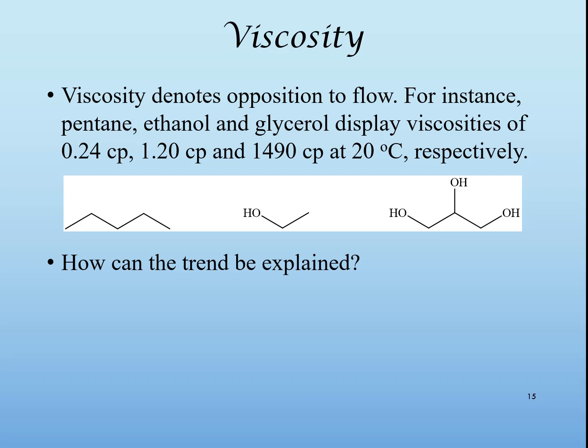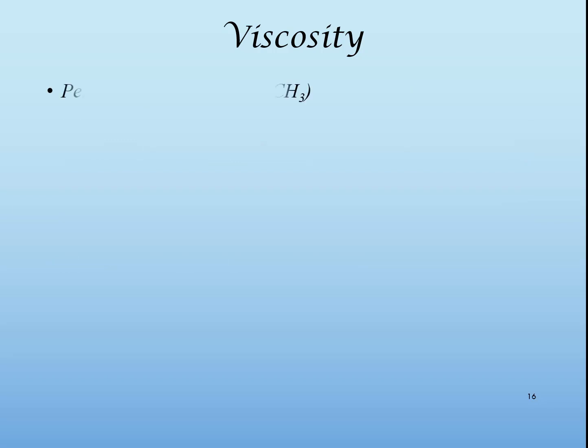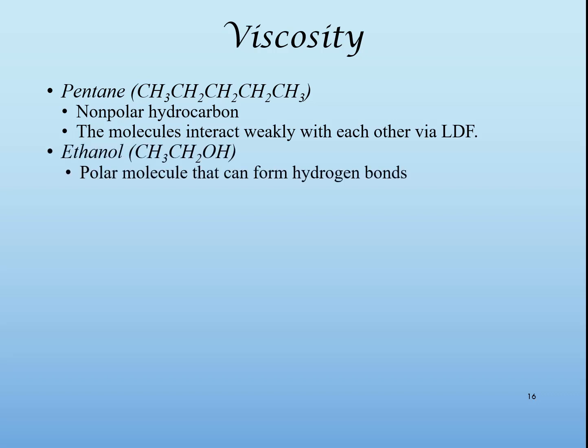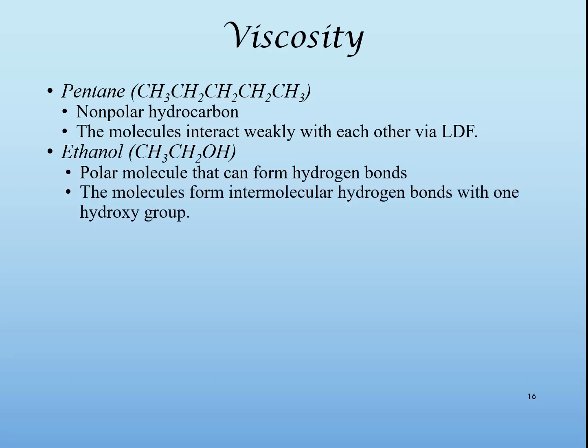If we analyze these structures, we see that pentane is a hydrocarbon which is non-polar, so the dominant intermolecular forces here are London dispersion forces. In the case of ethanol, we have a polar molecule that can form hydrogen bonds, and the hydrogen bond formation here is only via one hydroxy group, which makes some kind of interaction of the molecules with each other.